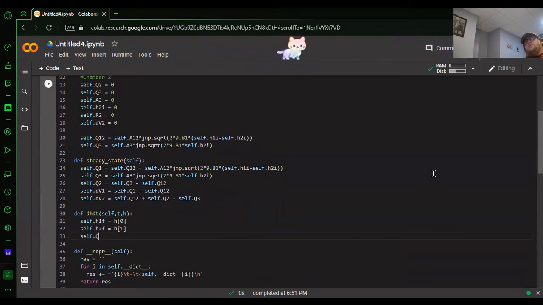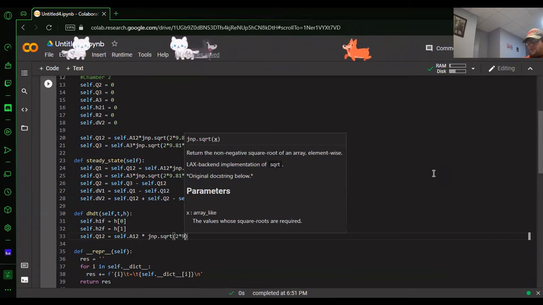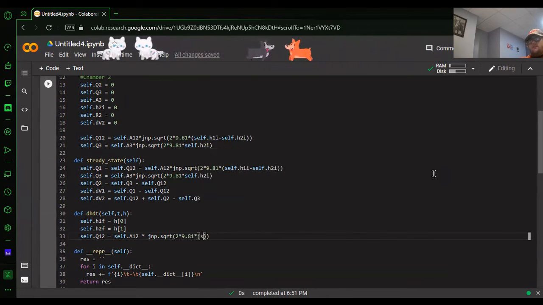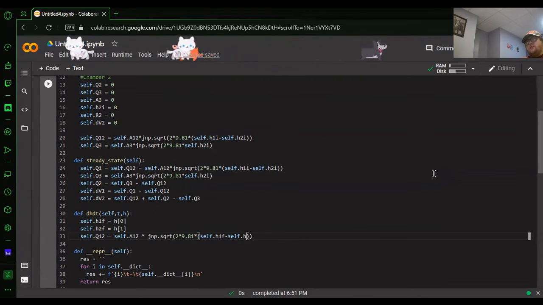We need to find Q12 again, which is going to be self.A12 times JNP.square root of 2 times gravity times self.H1F minus self.H2F.